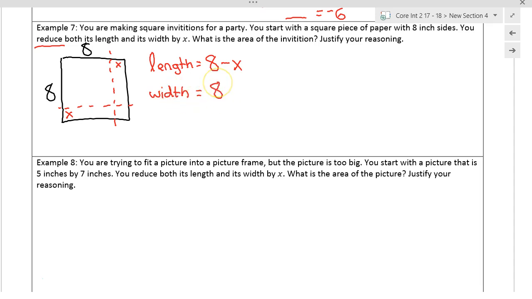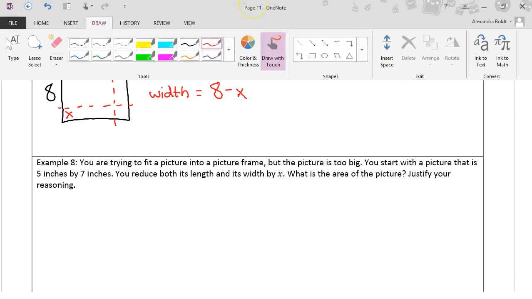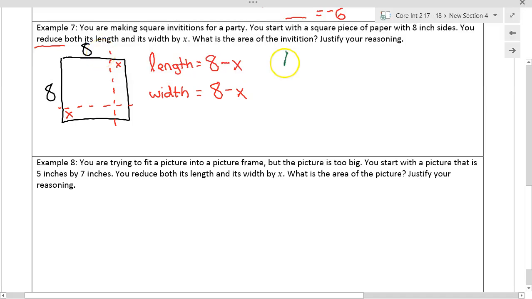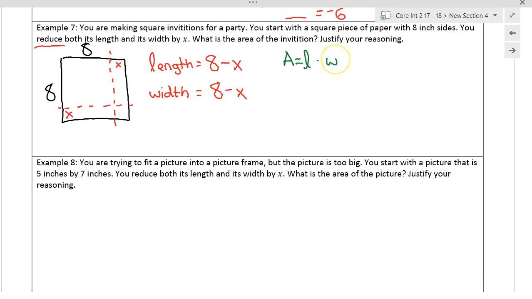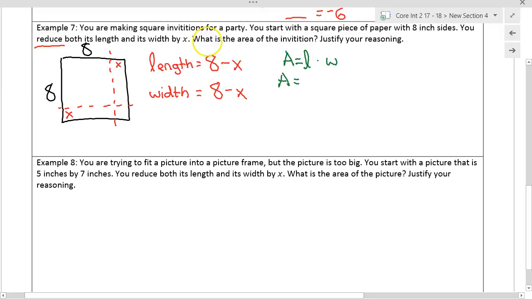I started with 8 inches and I subtracted x. Now I want to find the area. Area equals length times width.